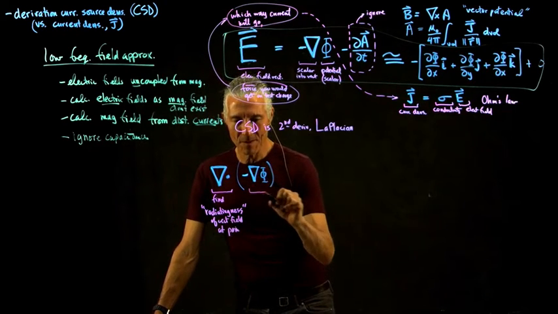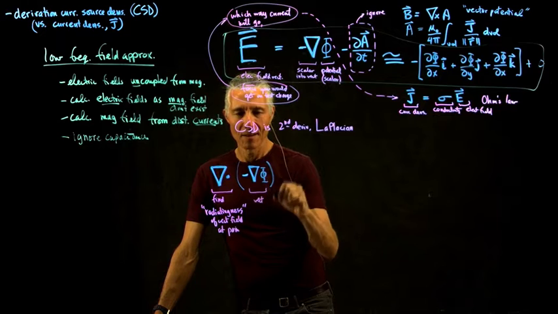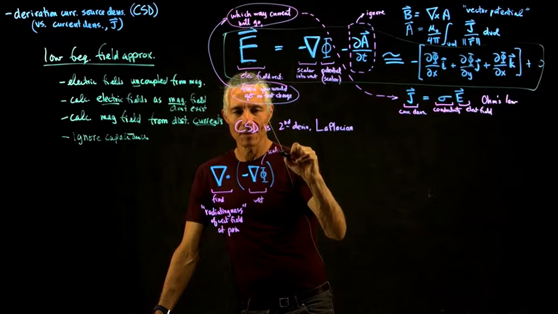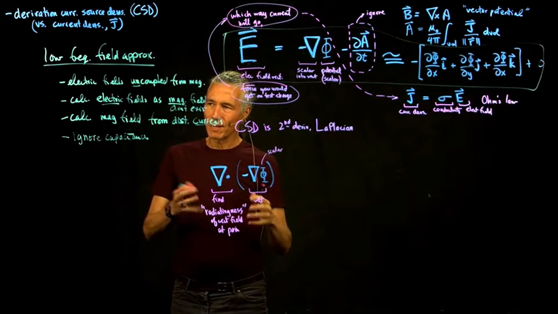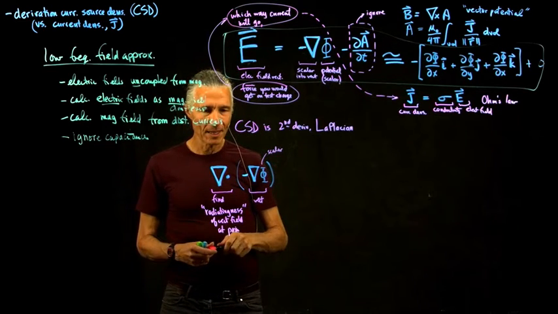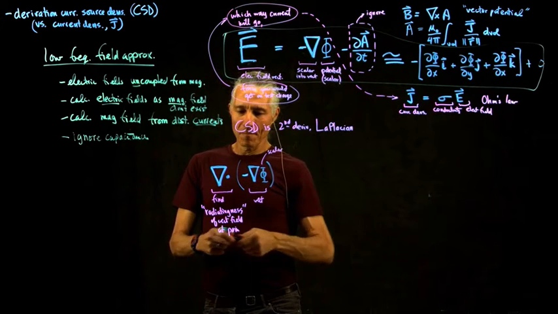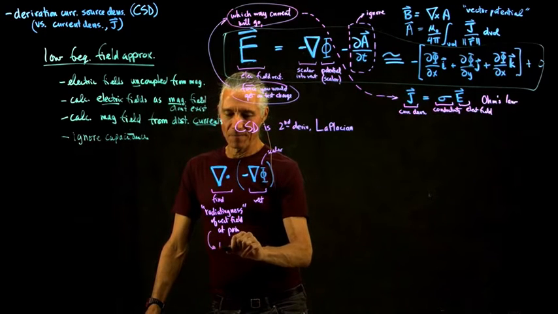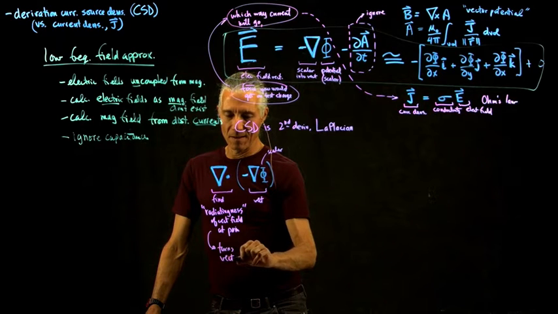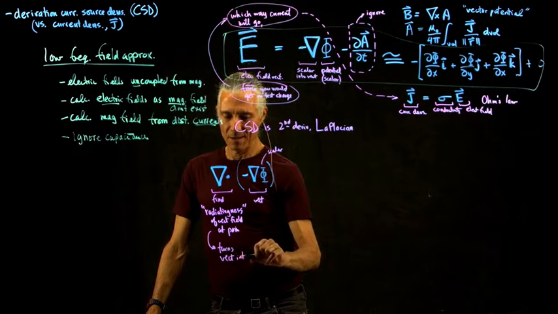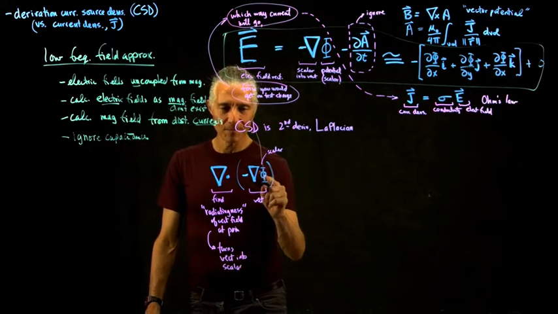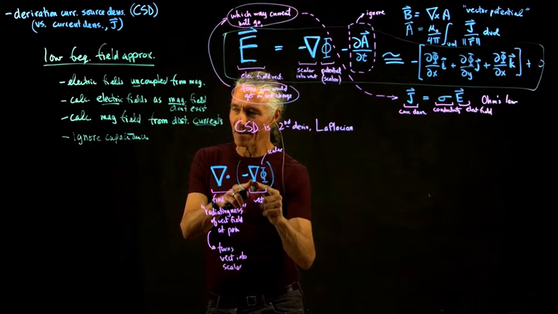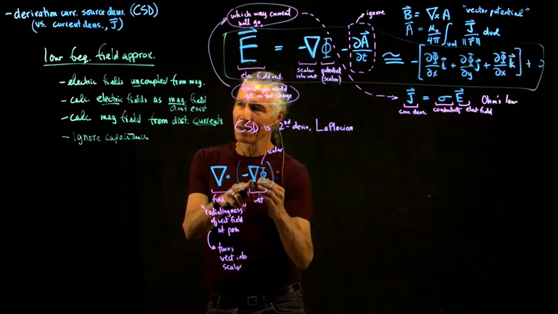And this guy, remember, is a vector. This guy was a scalar, just a number. But the gradient figures out which way it's changing the most rapidly. Remember, this guy turns a vector into a scalar. So we start off with a scalar, take the gradient of it, which figures out which way it's moving the fastest.